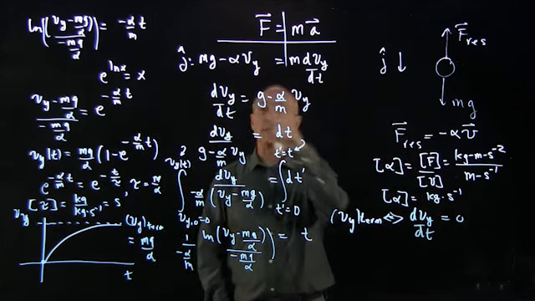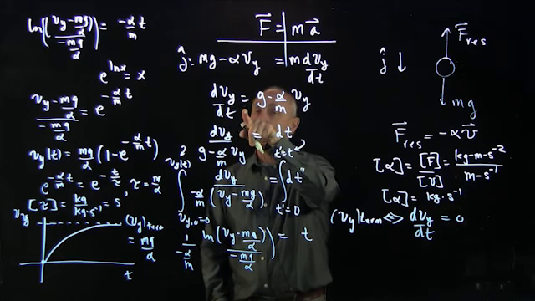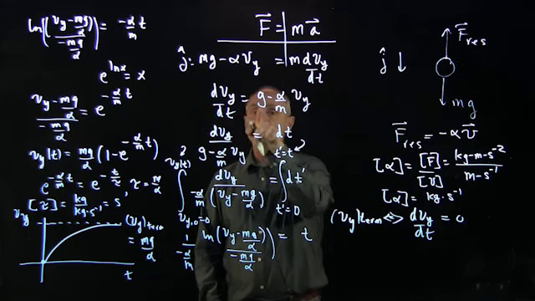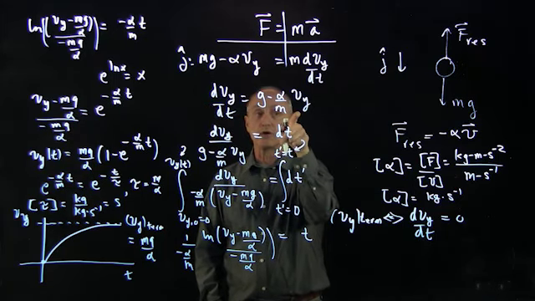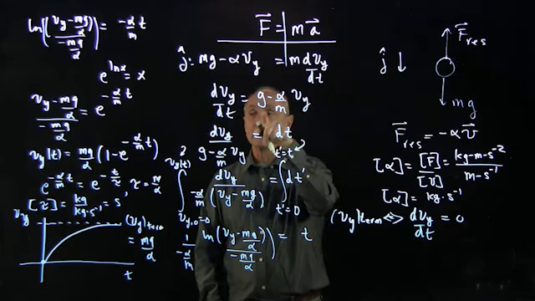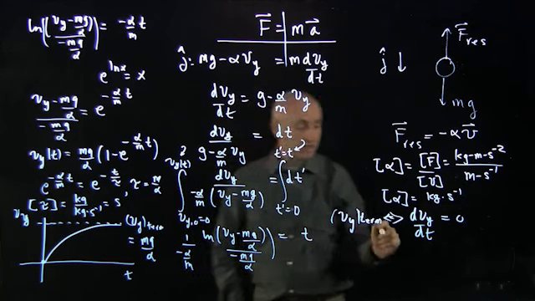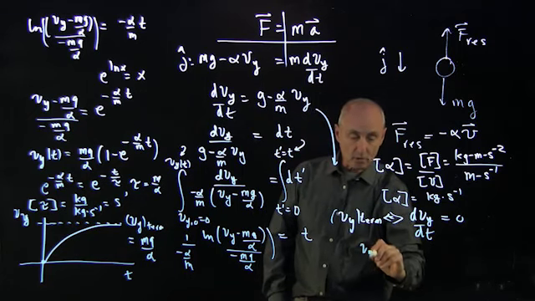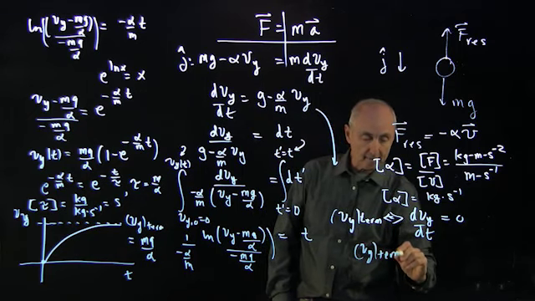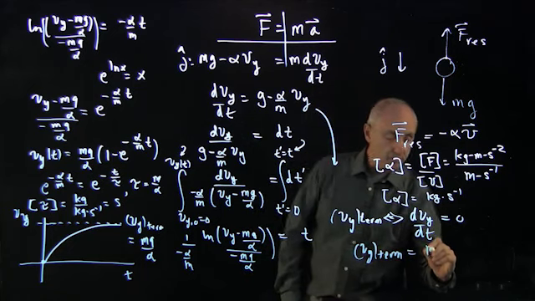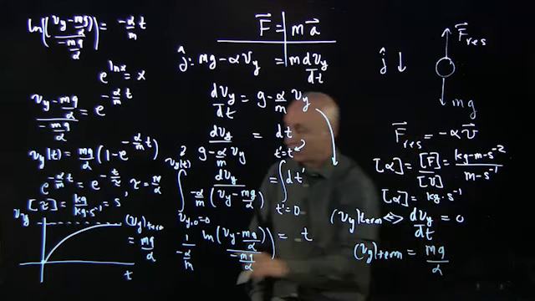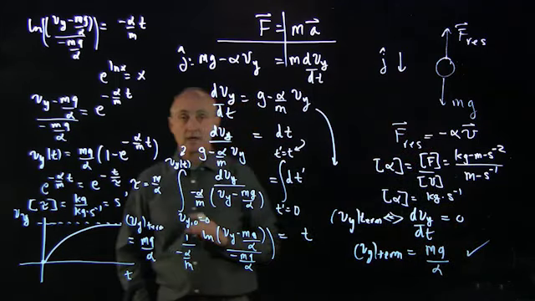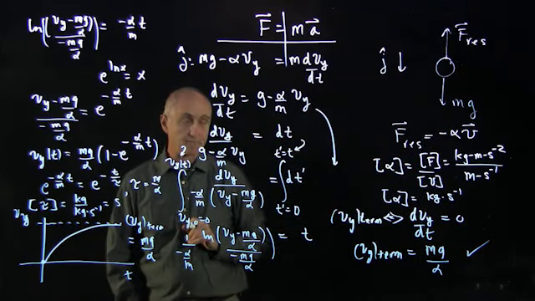And this is the statement, when we go back to Newton's second law, that the acceleration is 0, so the sum of the forces at terminal speed is 0. The resistive force is equal to the gravitational force. And so from this equation here, as a check, we can see that vy terminal equals mg over alpha, which checks with our calculation. And so we have confidence that we analyzed this correctly.